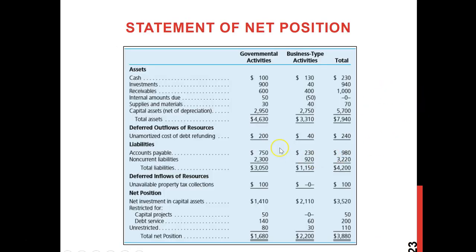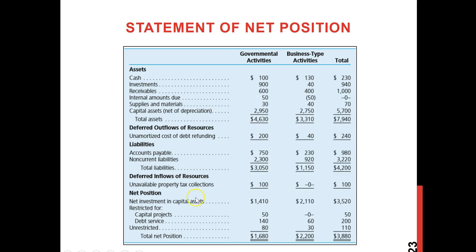So this is the statement of net position. That means their balance sheet, and they present all of the assets and then liabilities, and definitely they don't have a section called net stockholders' equity, but they call it net position. So net position is nothing but assets minus liabilities.